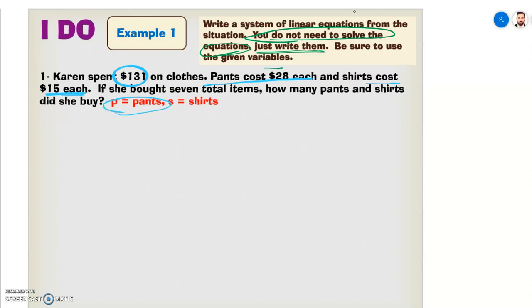Here, P denotes pants and S is for shirts. Let's translate the first situation only.